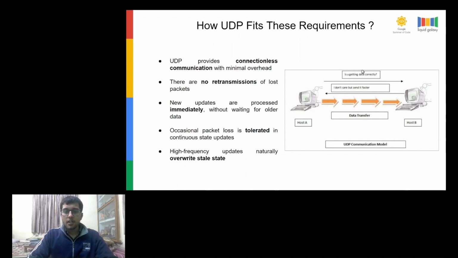This matches Liquid Galaxy's state-based communication model where each update fully describes the current camera position. Because the User Datagram Protocol supports broadcast delivery on a local network, a single packet sent by the master can reach all slave machines nearly simultaneously, ensuring consistent timing across displays.